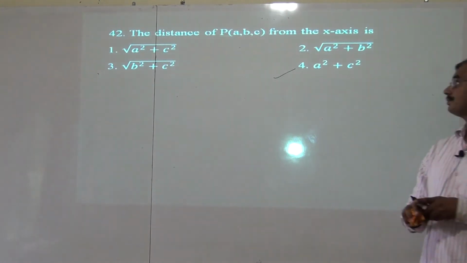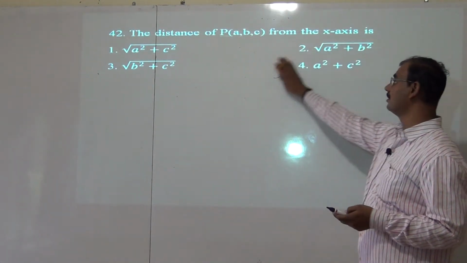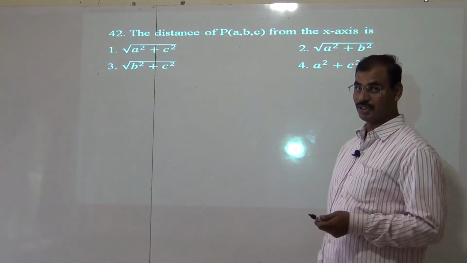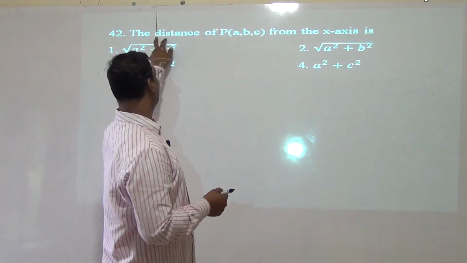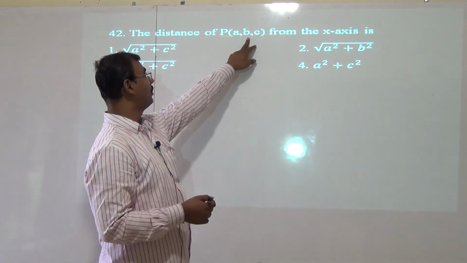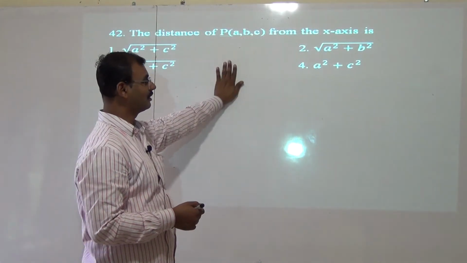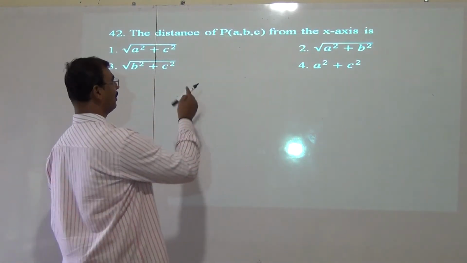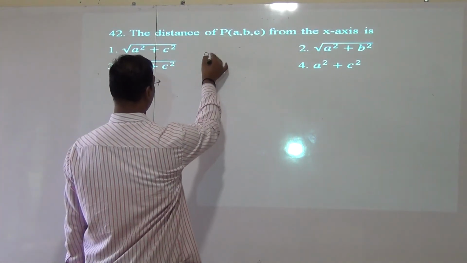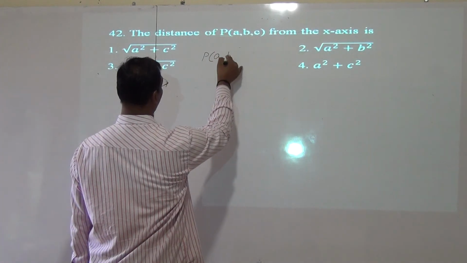Next problem. See, this is very important. These model problems are given 2 to 3 times in the exam. The distance of the point from the x-axis. The formulas are already given. The point P is already given as (A, B, C).